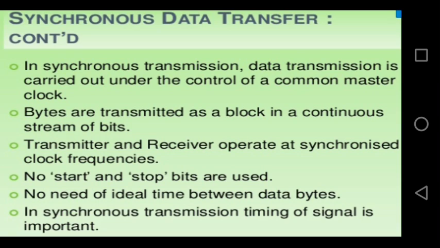No start and stop bits are used, because they share the same clock pulse. No need of idle time between data types. Data can be sent continuously, because it is based on the clock. In synchronous transmission, timing of the signal is important.